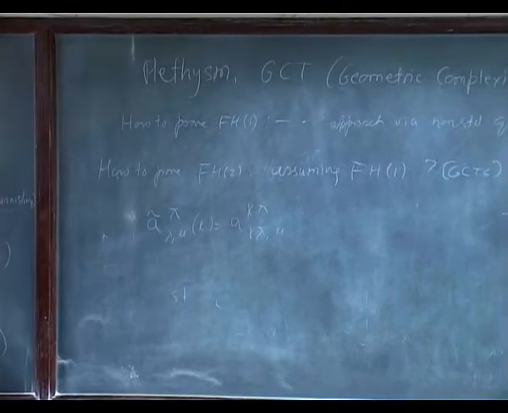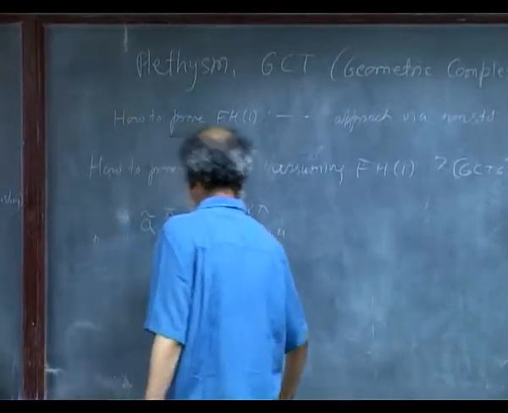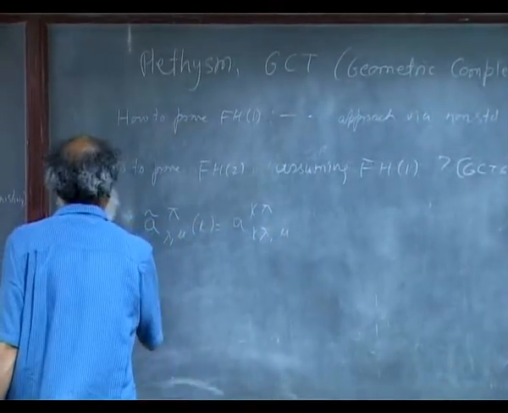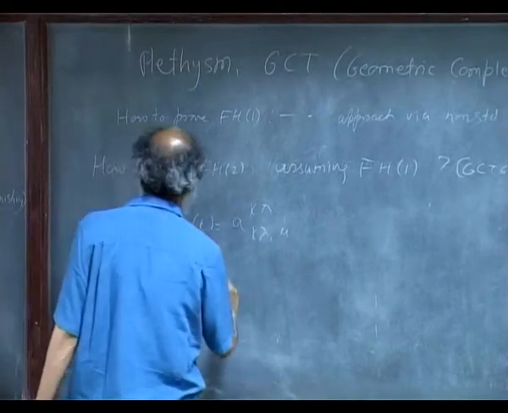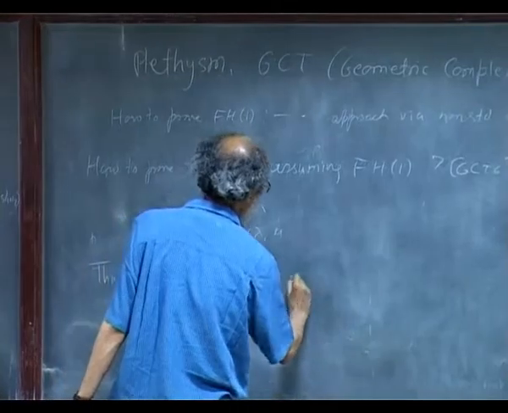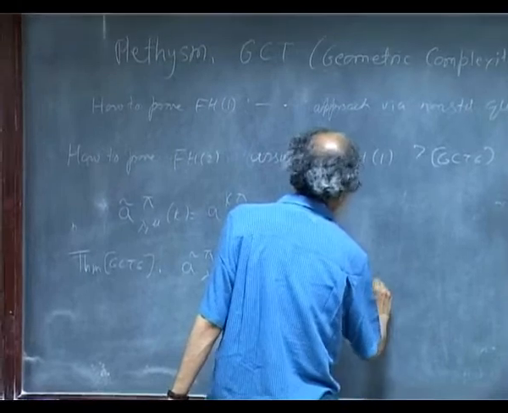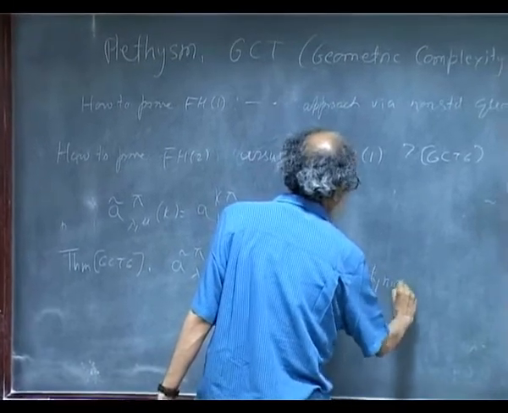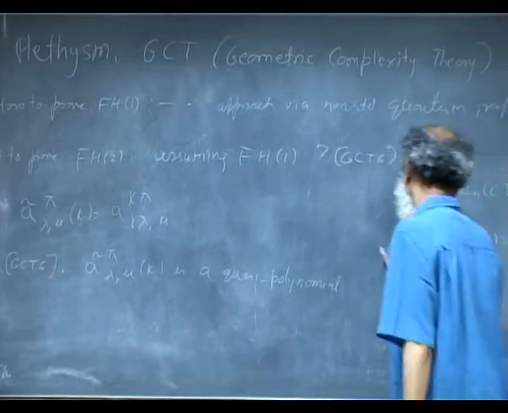And so the question is then, what can you say about this? And so the theorem in GCT6 is that this a_{pi lambda mu}(k) is a quasi polynomial. By quasi polynomial, what do we mean?